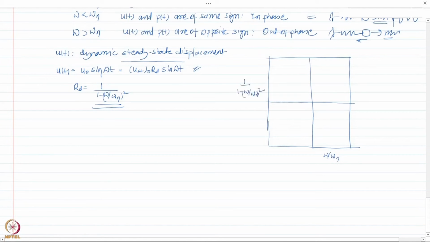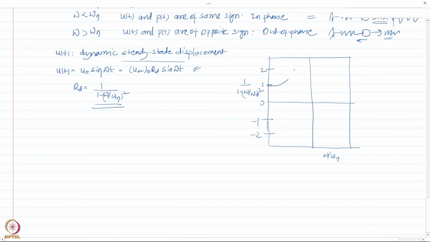Now I know that at a very small value of omega by omega n, this is equal to 1. So let us say this is 1 here, this is 2, this is 0, minus 1, minus 2, and so on. It starts from 1.